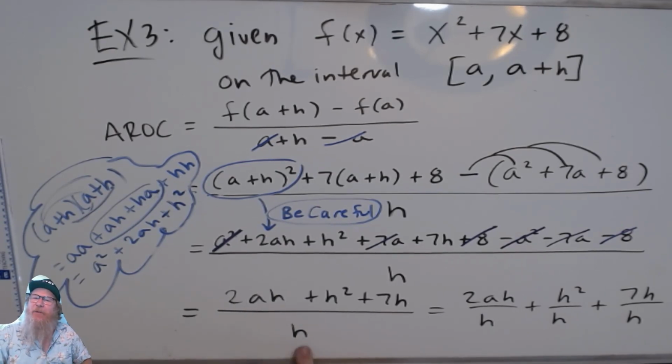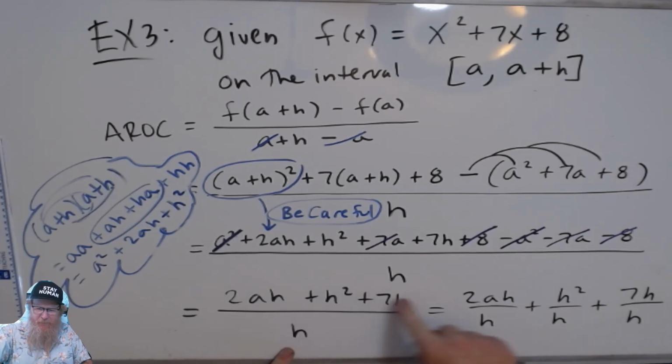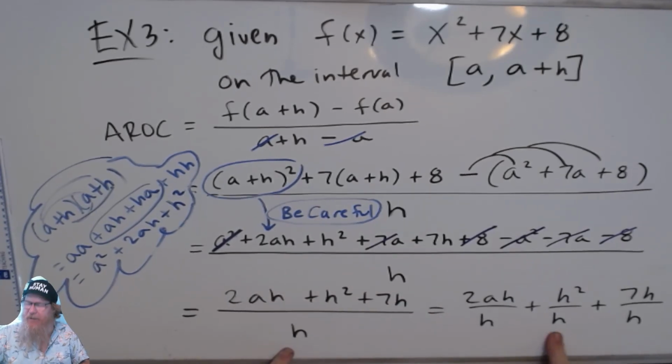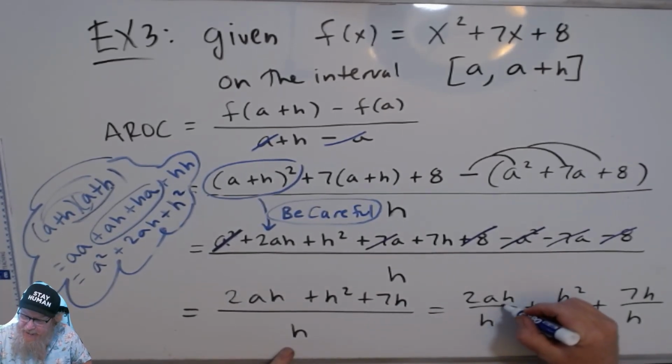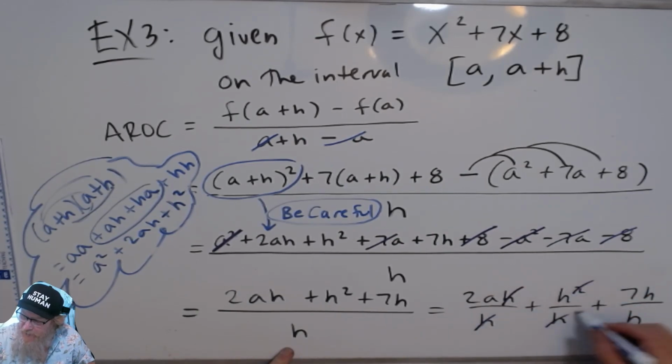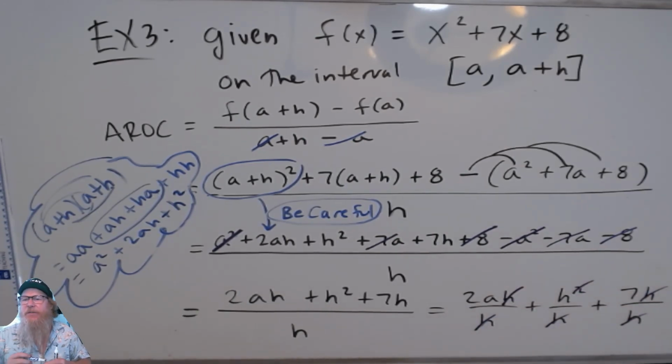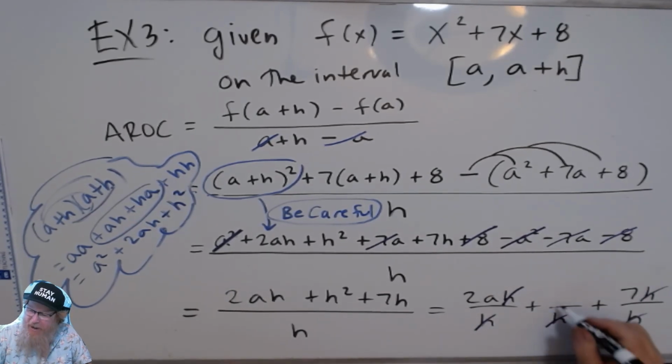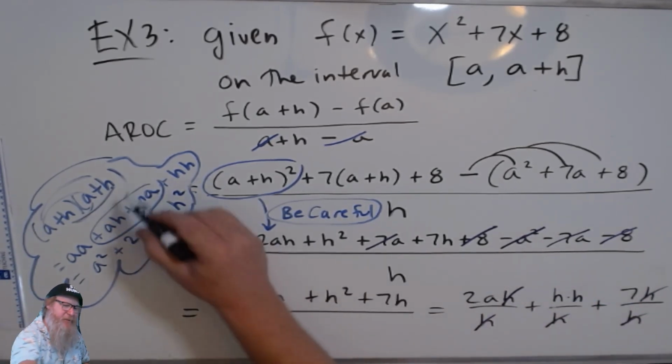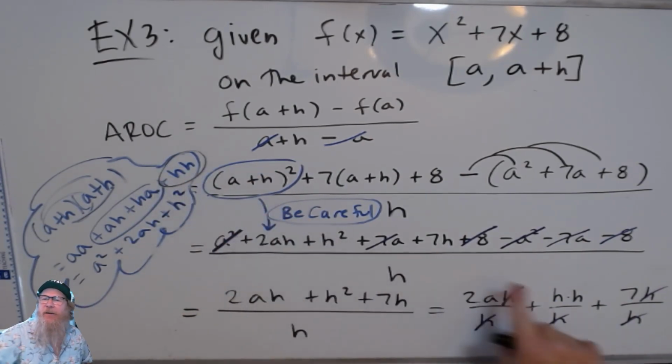In the last example, I said to write the denominator twice. In this example, because there's 3 terms, write the denominator 3 times, and then cancel all 3 times. And keep in mind that h squared is hh, kind of like I wrote it over here.